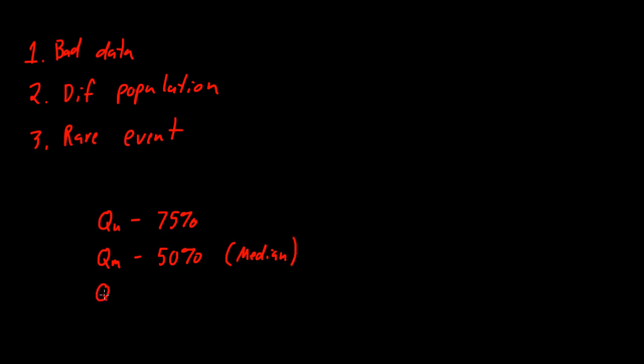And we have our QL, which is our lower quartile, or our 25th percentile. And we're going to use this to create what is called an interquartile range. We're calling this IQR for interquartile range. Our interquartile range is simply the value for our QU minus the value for our QL.